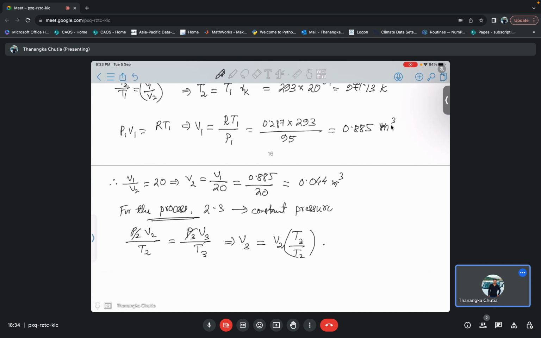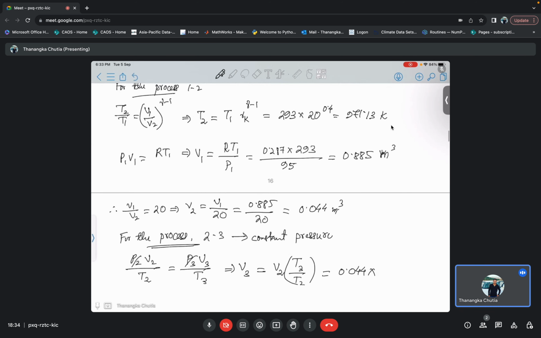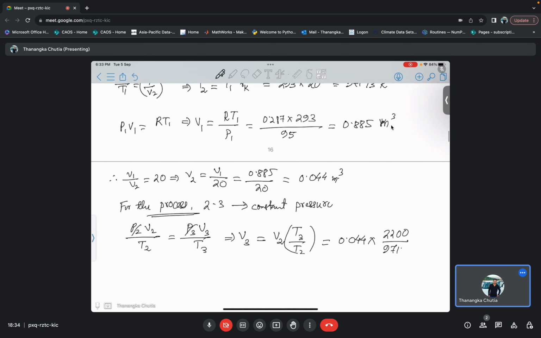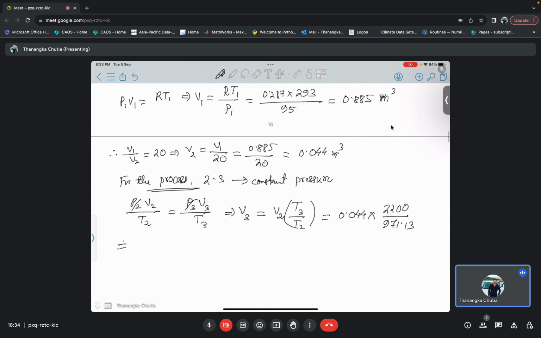Now you got V2, that is 0.044. What is your T3? 2200. And what is your T2? 971.13. So from here V3 is 0.0996 meter cube.